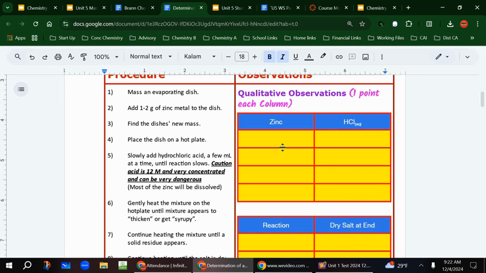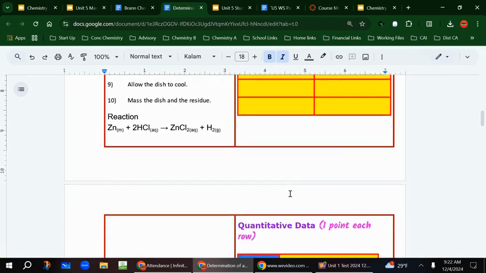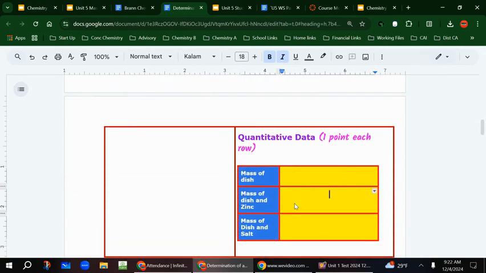Okay? So you are going to find the mass of both. When you are done with this, you throw it away. Okay? So now you are going to find the dish's new mass, and you are going to record that here, the mass of the dish and the zinc. Okay? Now, there is one more mass that you will be taking later on in the lab, and that is the mass of the dish and the salt, and we will show you when and how to do that.